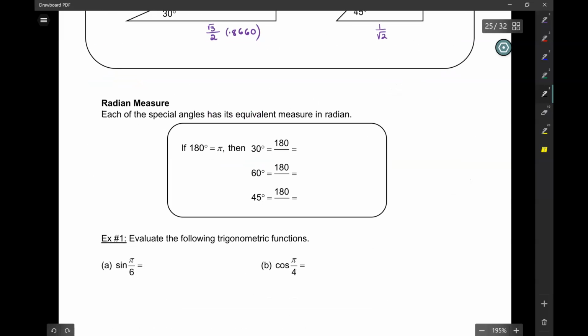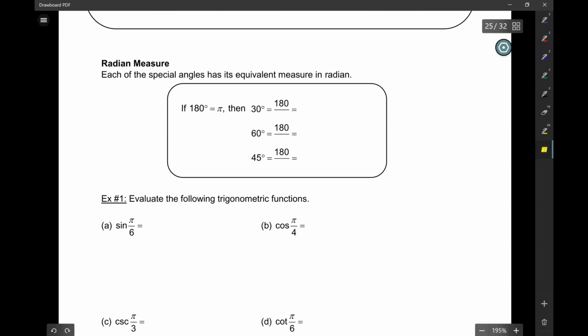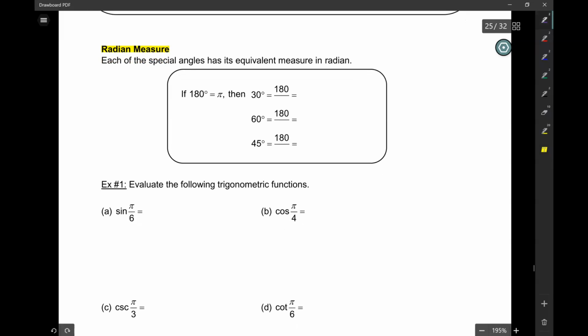One other thing I want to do is solidify in our minds, finally, this whole radian business. Remember how back in the day, like a week ago, we said 180 is the same as pi? Now, suppose I have 30 degrees. What should I divide 180 by in order to get 30? 6.